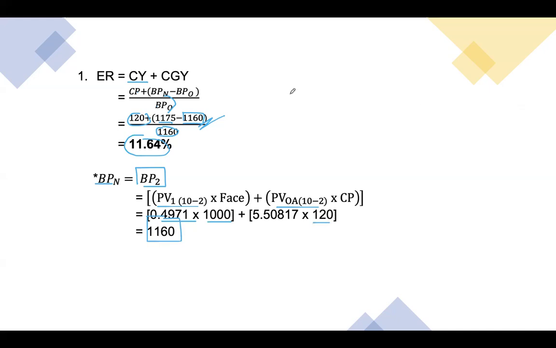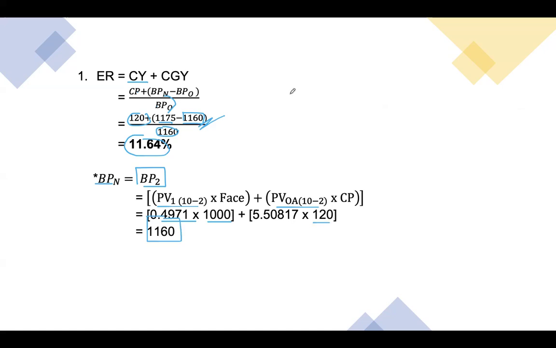Again, class, if you are being asked to compute the capital gains yield in year 2, the bond price old will be the price in year 2. But if you're being asked to compute the annual capital gains or annual total return for the year, and that will be in year 1, assuming, you can use the bond price today, and the bond price new will be the bond price 1.